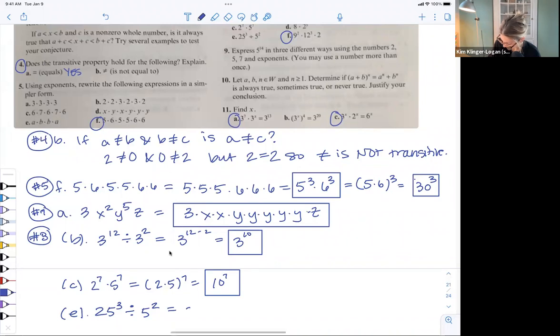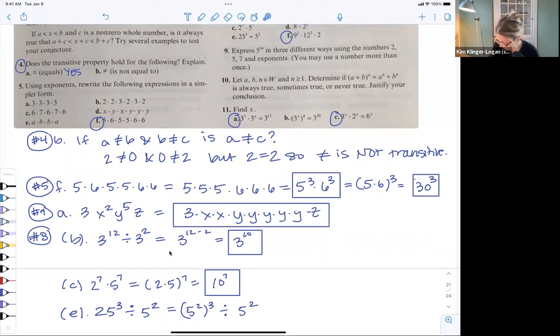So in the first option, this looks like 5 squared cubed divided by 5 squared.